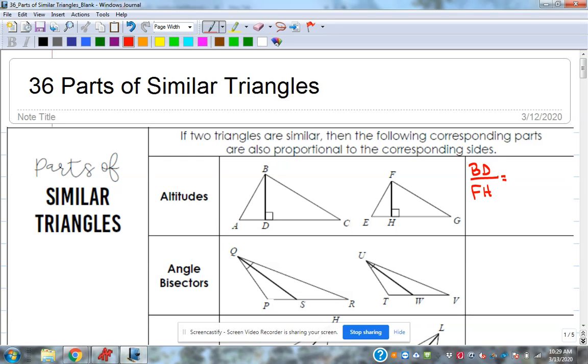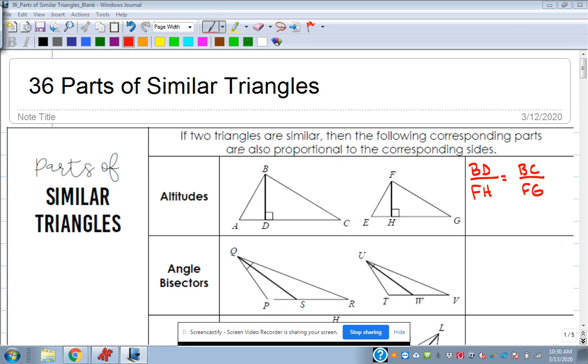So we could do BC over FG, but it could also be AC over EG. It doesn't matter. A pair of corresponding sides is what the other side of the ratio needs to be, and then the altitudes are also proportional. And there's our fun thing.